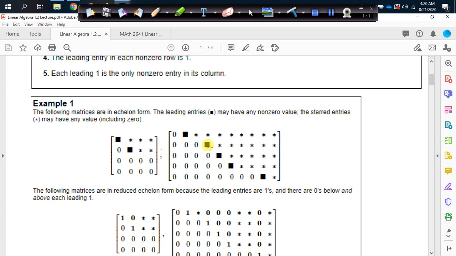So this would be a non-zero number, and everything below it would be 0. This column has a pivot position, and everything below that is 0. This column has a pivot position, and everything below that is 0. Now we don't have a pivot position here or here. We do have one here. So that would be in echelon form.